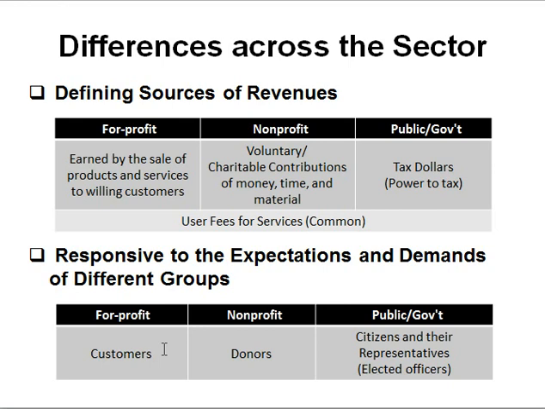And then the public sector is obviously based on tax dollars, because we pay taxes to government, right? And government sources are always important strategically to every organization, because without them, organizations cannot survive these days. Also responsive to the expectations and demands of different groups. I already mentioned this, so I'm going to skip it.